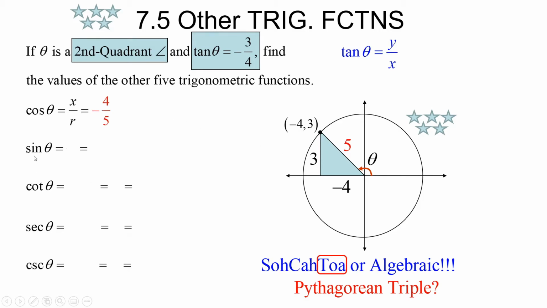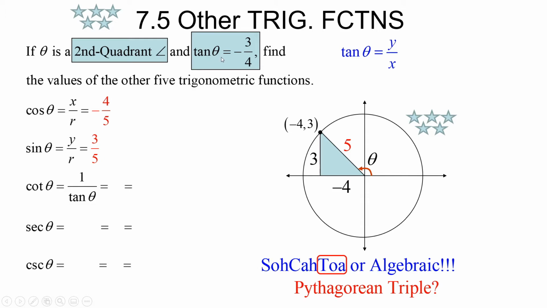Okay, now sine of theta is, well, the algebraic definition is y over r, and the y coordinate of my point there is 3, and the radius is 5, so that's 3/5. Now when I do cotangent, secant, and cosecant, I'm going to go ahead and do my reciprocal relationships as well. So cotangent of theta is going to be 1 over tangent of theta, and I can do it this way because they gave me tangent of theta.